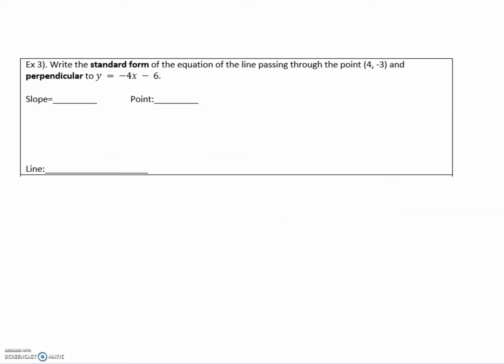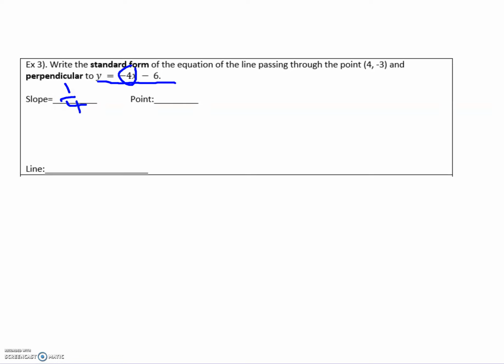Now, in our next example, we need an equation written in standard form that is perpendicular to this line, and it goes through the point (4, negative 3). In order to be perpendicular, I need a slope that's the negative reciprocal of this slope. Currently this equation is written in slope-intercept form, so I know the slope is negative 4, so the negative reciprocal would be positive 1 over 4.